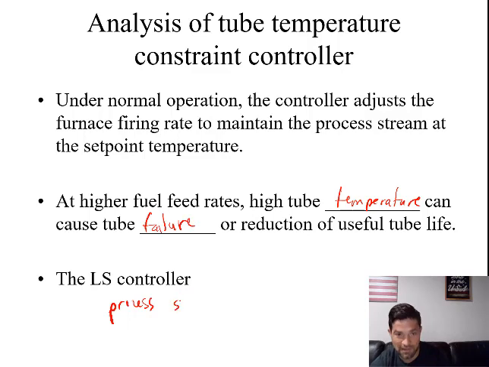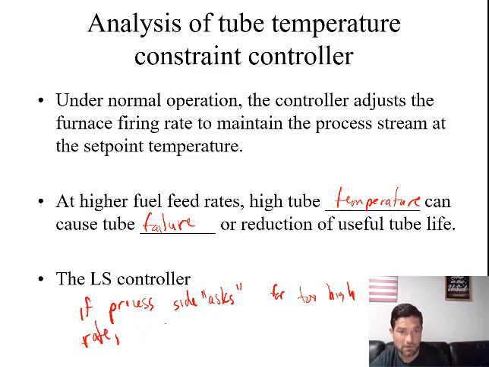So the process side, we'll say if the process side asks for too high of fuel flow, if the process side is asking for too high a fuel flow rate that will put us over that safety constraint, the safety side takes over.